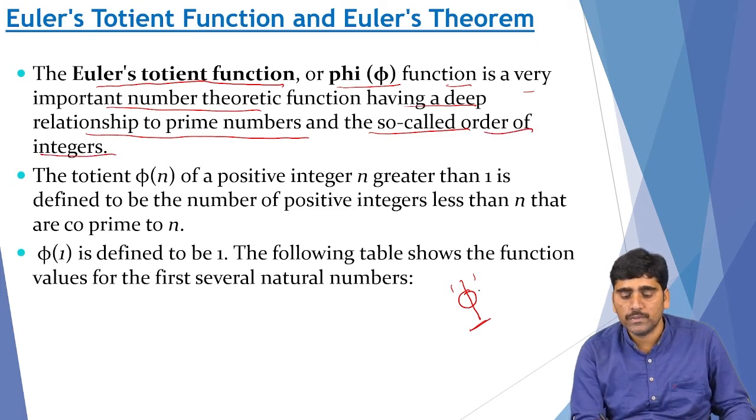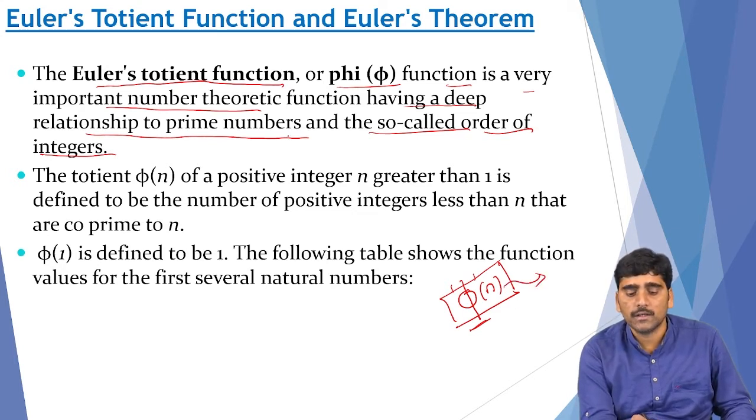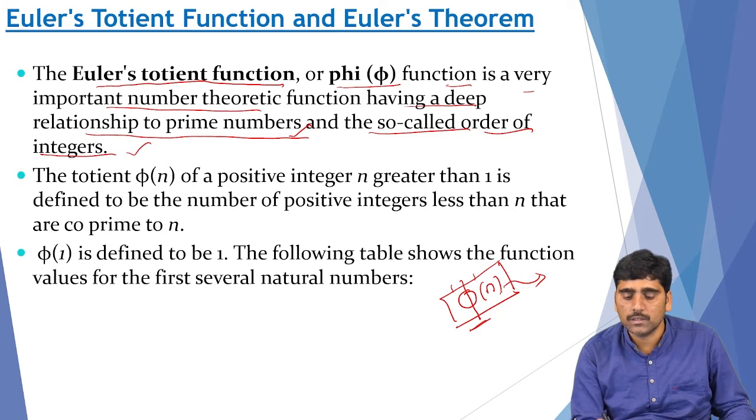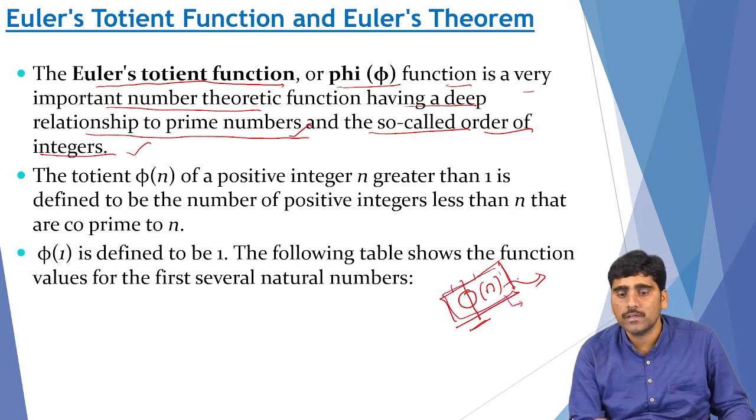So phi of n is called the Euler totient function, and it relates with the prime numbers and the order of integers.